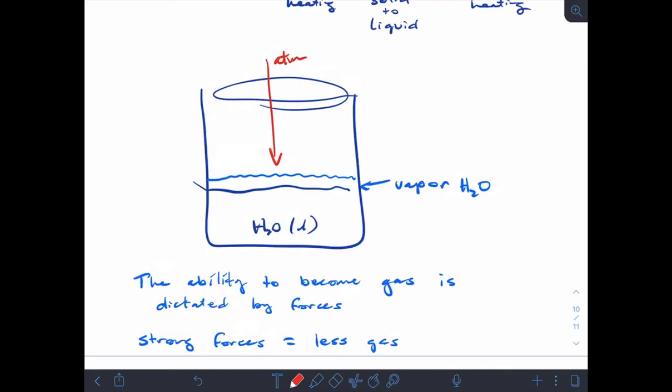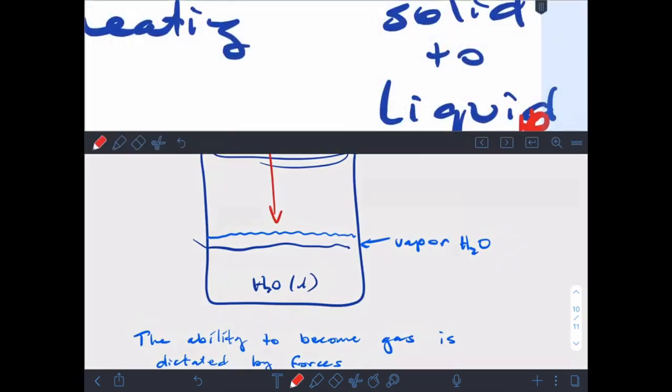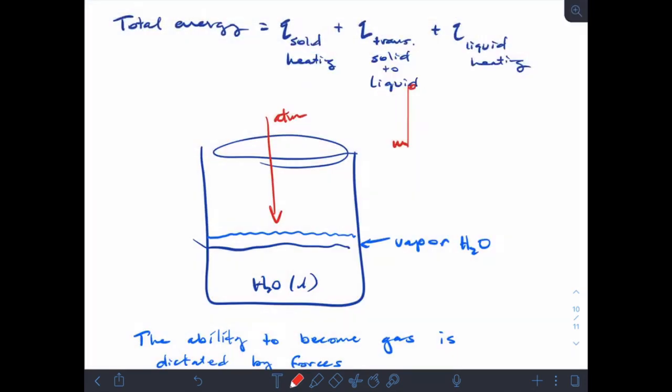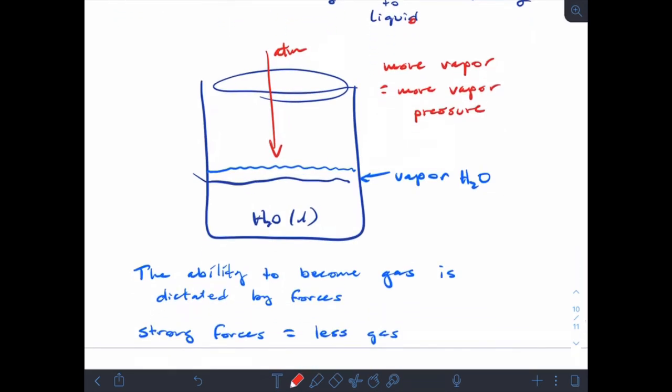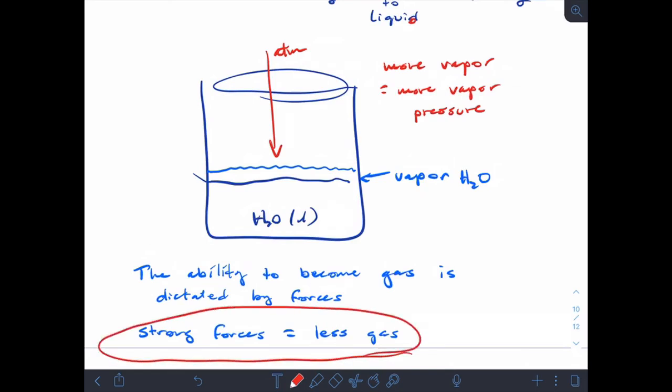Okay, so if I have more vapor, equals more vapor pressure. Okay, so if I have more vapor, I have greater vapor pressure. But if I have strong forces, I have less vapor.